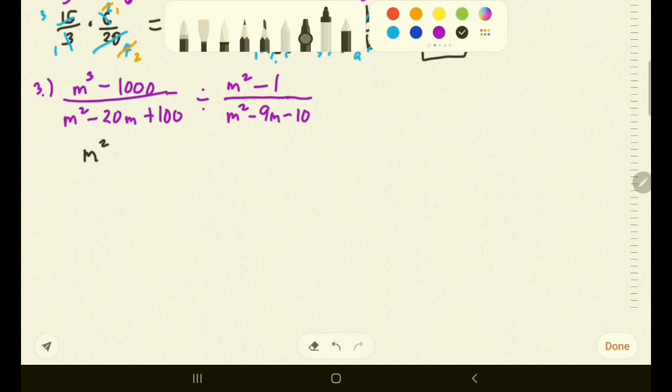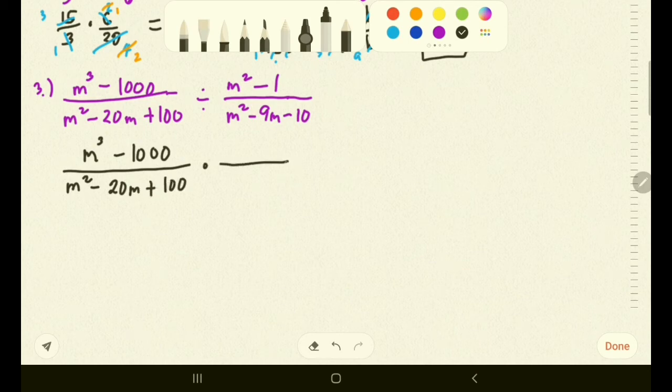Copy the dividend, m cubed minus 1000 all over m squared minus 20m plus 100, multiplied by the reciprocal, m squared minus 9m minus 10 all over m squared minus 1. And then you factor.